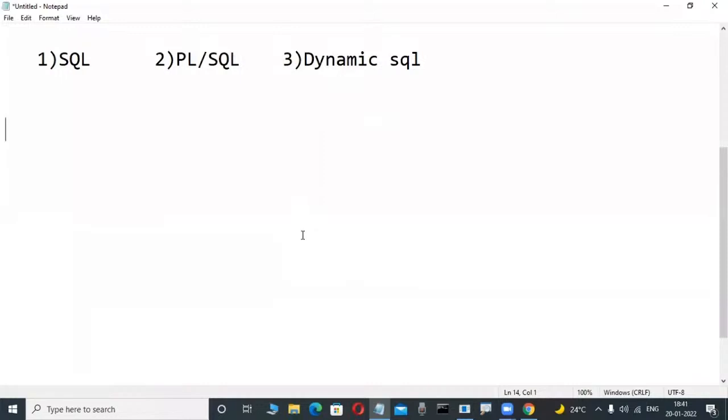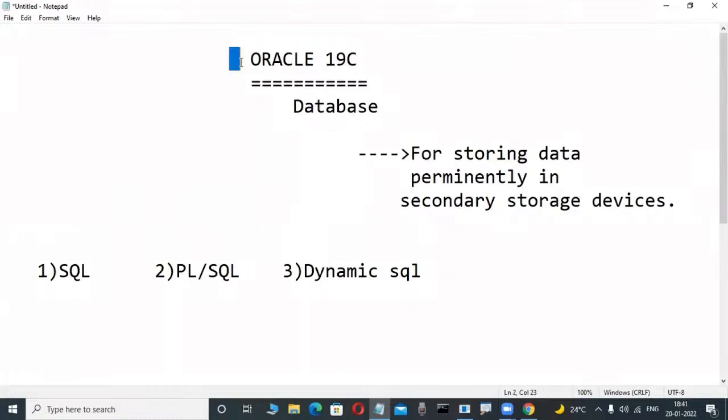SQL is conceptually the same in every database: what is a table, a procedure, a view, joins, subqueries, constraints. The same, but syntactically totally different. Functions are also totally different. That's why in our class we are learning the Oracle SQL language.